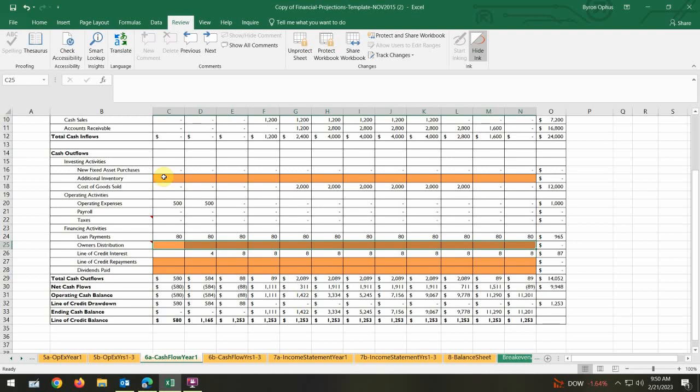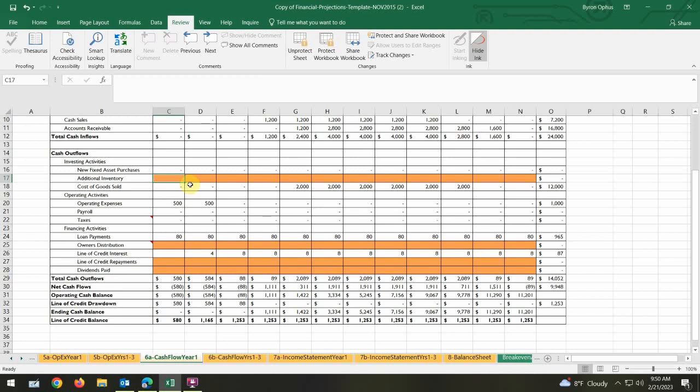Let me go through and explain. So, additional inventory. This program basically assumes that as you build your sales, your inventory is going to increase with those sales. It's a part of the cost of goods sold equation that you have on your sales projections.